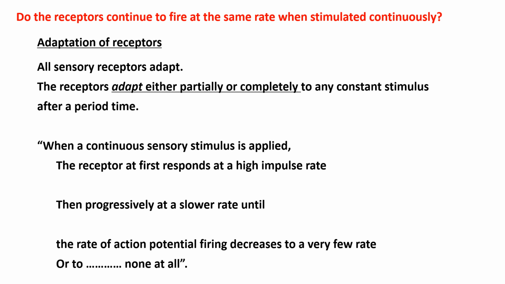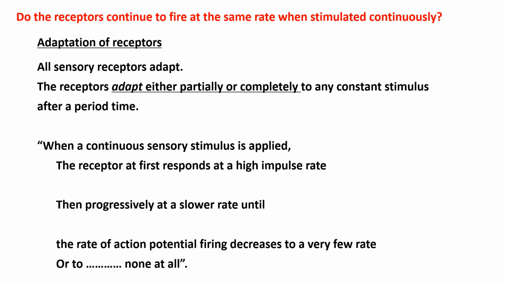Some adapt very quickly, some adapt slowly, some adapt partially, and some adapt completely to the constant application of stimulus. But if you take away the stimulus and then apply it again, of course they will be sensitive. If you keep the stimulus applied continuously, the receptors adapt.